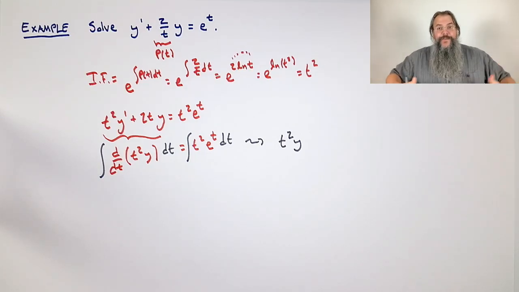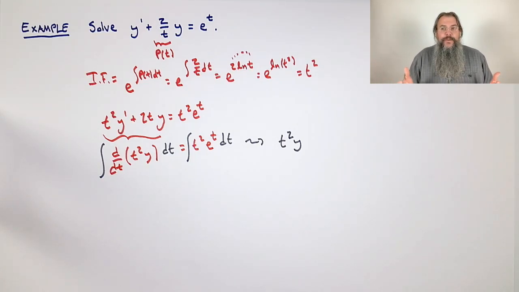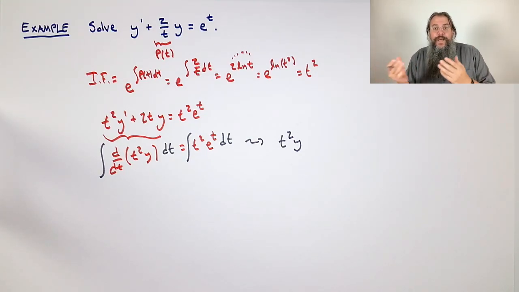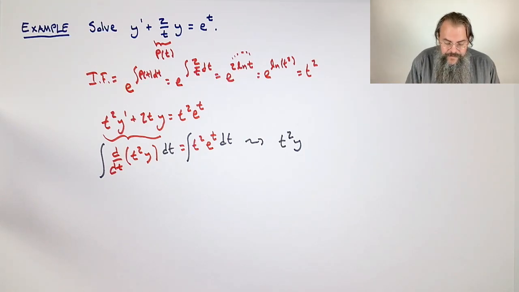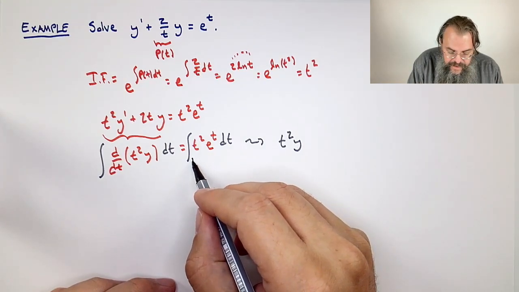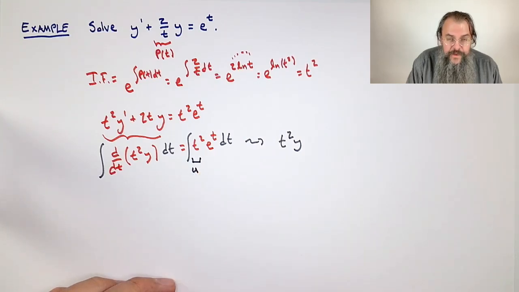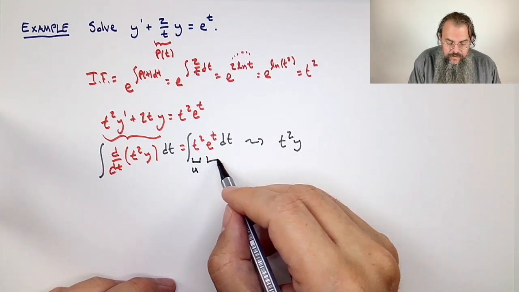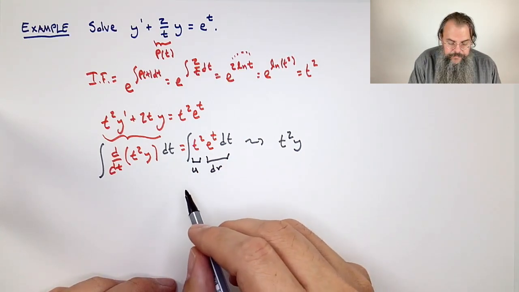One of the underlying philosophies when you're looking at a math problem is, how can I make my problem simpler? Because we like things to be simple. Simple means we have a good chance that we can actually solve. So we'll let this be the u part, and this will be our dv part.